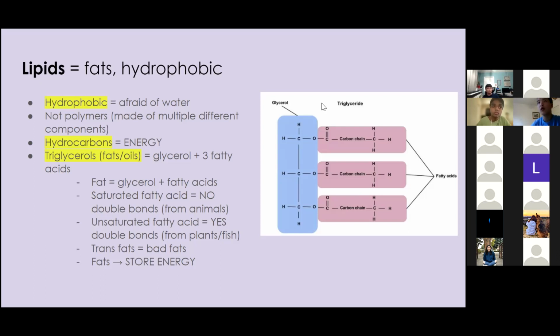And so these are the healthy ones, and they come from plants and fish. And then the saturated fatty acids do not have double bonds, and they're from animals and poultry. So again, there's also trans fats, which are really bad fats. And again, the point to remember here is that fats store energy.